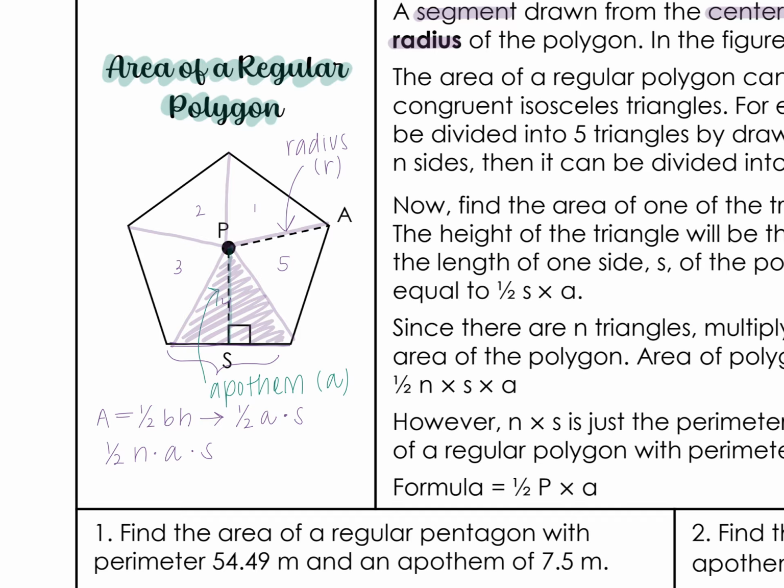The n times s is just going to give me p for perimeter. So I can rewrite this to be 1/2 the perimeter of this figure times my apothem, and that's how we are going to find the area of a regular polygon. So if you look over here, I actually have this formula shown right here.